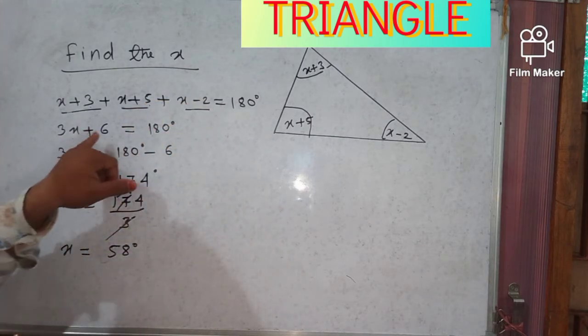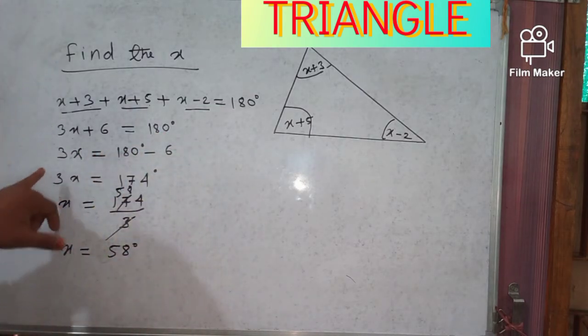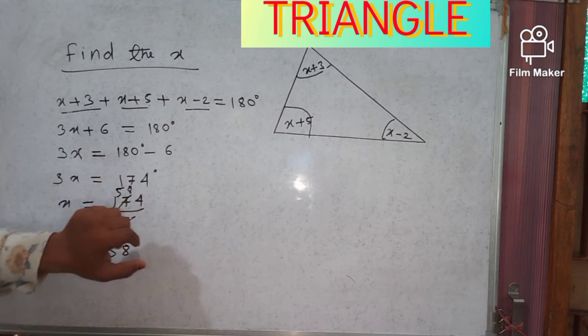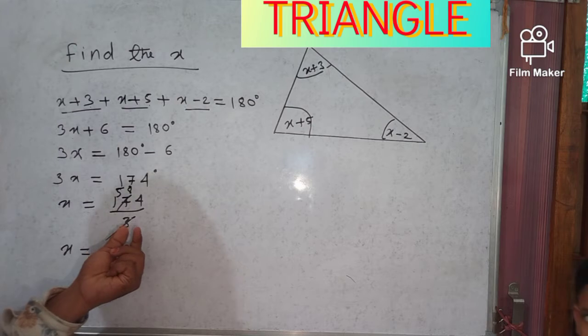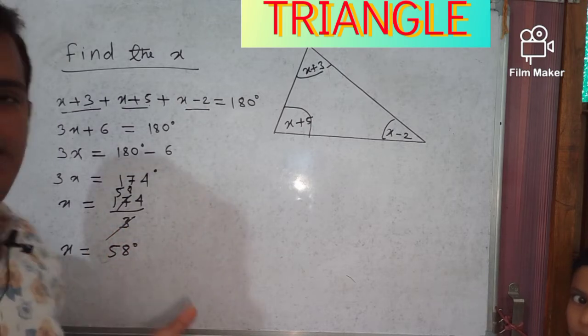So 3x plus 6 is equal to 180 degrees, right? Now 3x is equal to 174. x is equal to 174 by 3. So x is equal to 58 degrees.